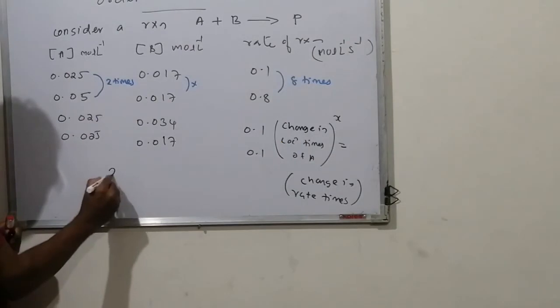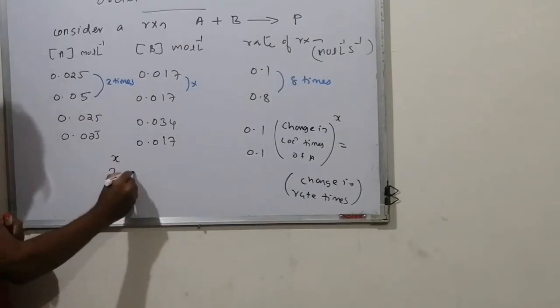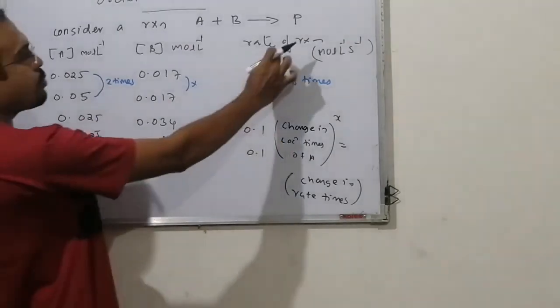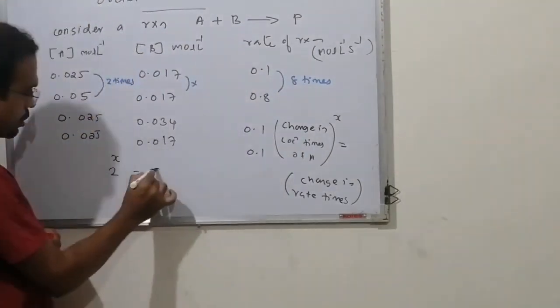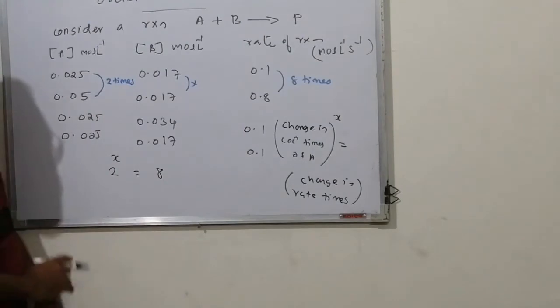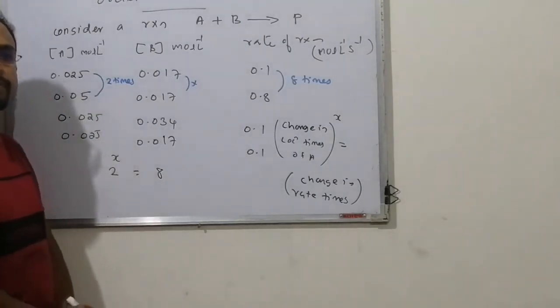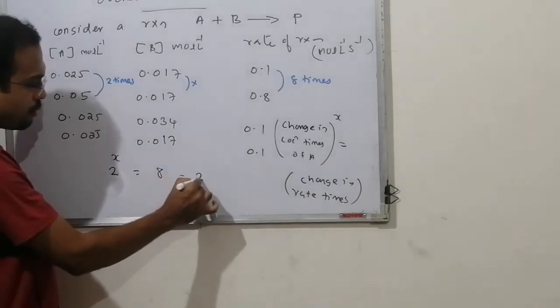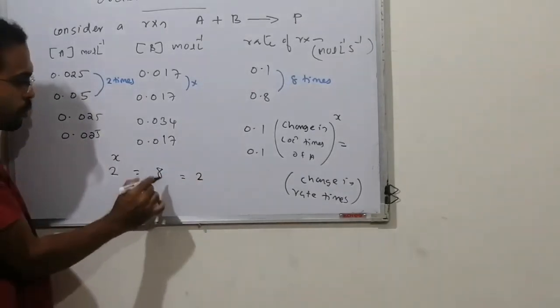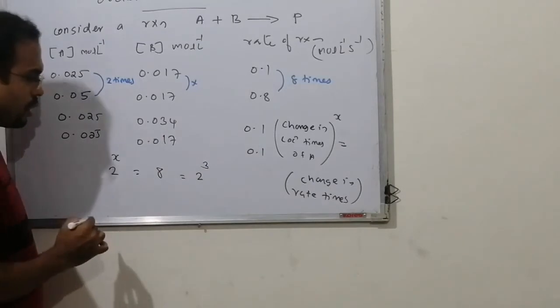2 times. Therefore, 2 raised to x is equal to how many times the rate of reaction changed? 8 times. Therefore, I go to this type of mathematics. Make this 8 into a factor with respect to 2. How is it possible? 2 raised to 3.